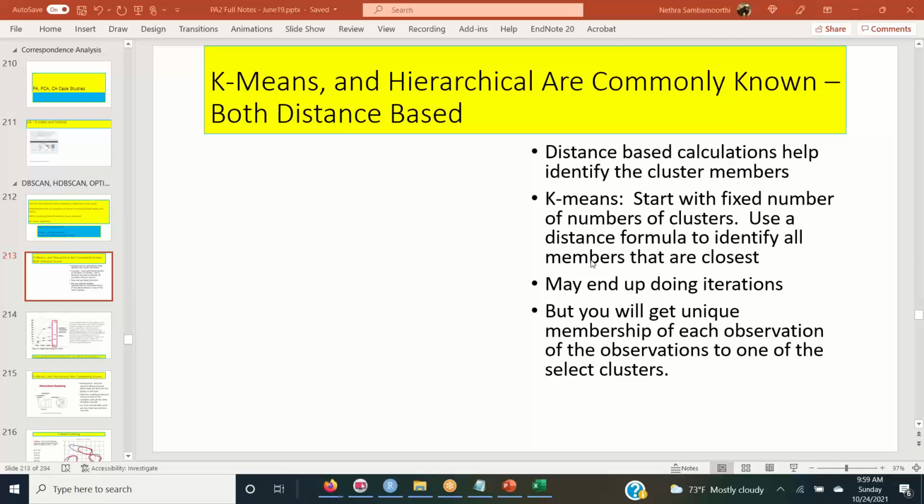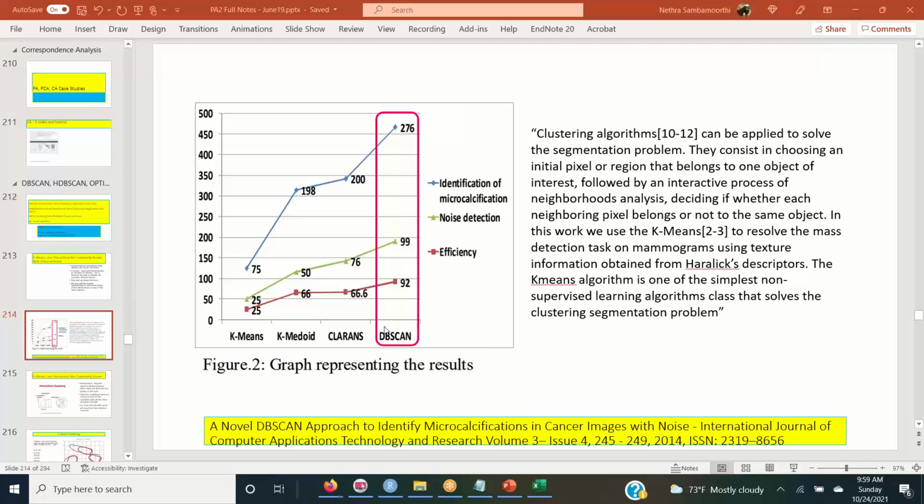And we did see k-means, and it was an iterative procedure, right? K-means is an iterative procedure, but we will always get unique membership of each observation to each of the clusters. We also saw hierarchical clustering. Those are things we saw.